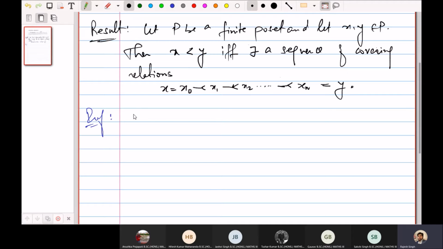So suppose it is obvious. Suppose x is related to y.